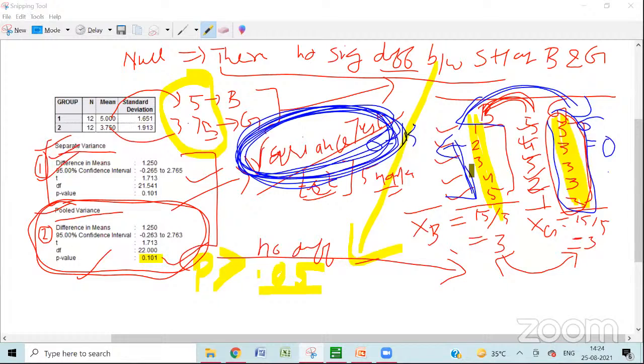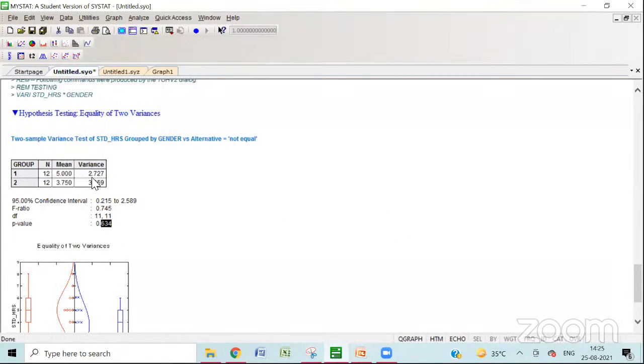Ma'am, one question related to the topic that we are covering right now. We have tested the variance, right? While testing the variance in that sheet, there are 2 columns for variance of boys and variance of girls. The value says 2.6 or something for the first and 3.7 for the other.